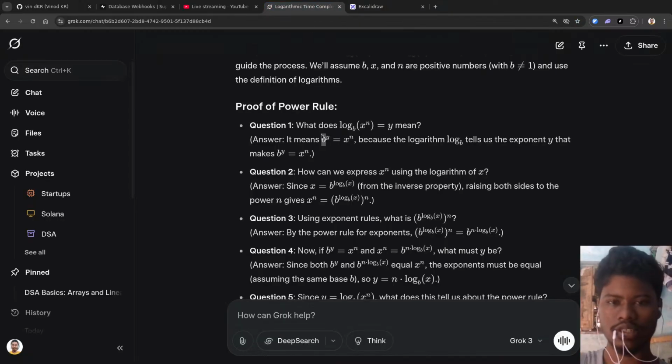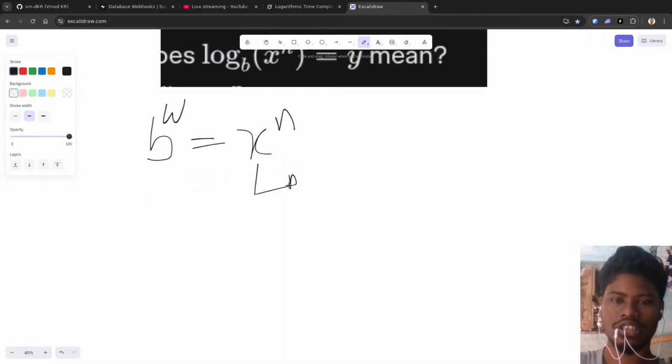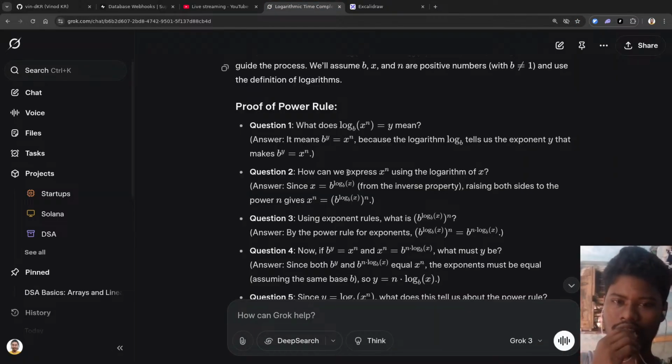How can we express x to the power n using logarithms? We just knew that x to the power n.